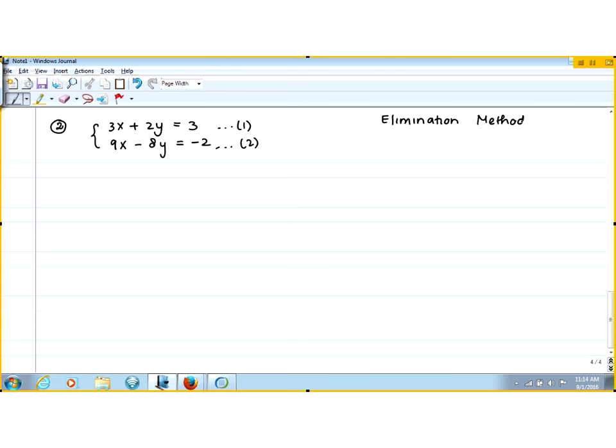So let's write down the goal is to eliminate one variable when adding two equations. So that's your goal, right?